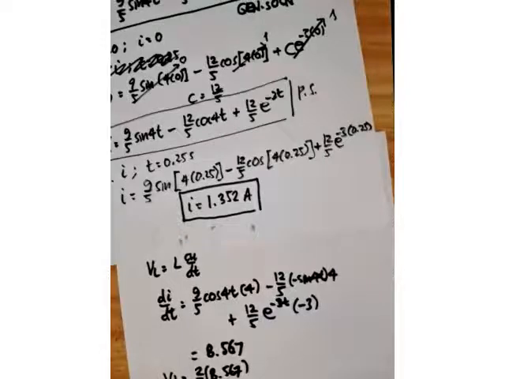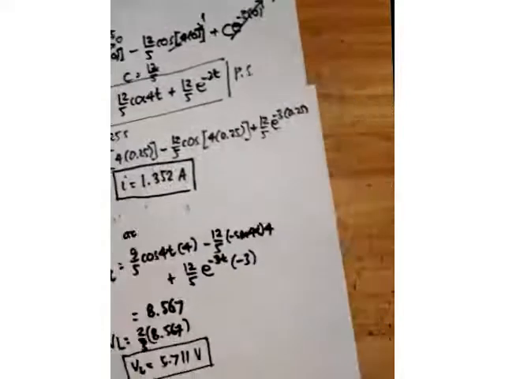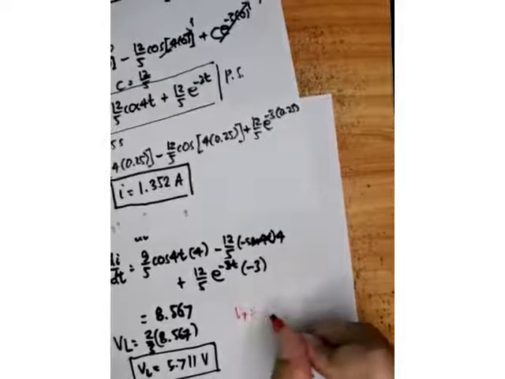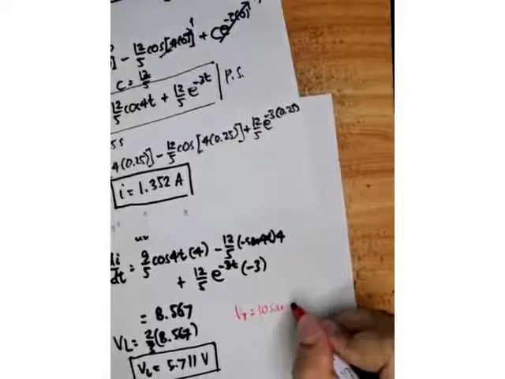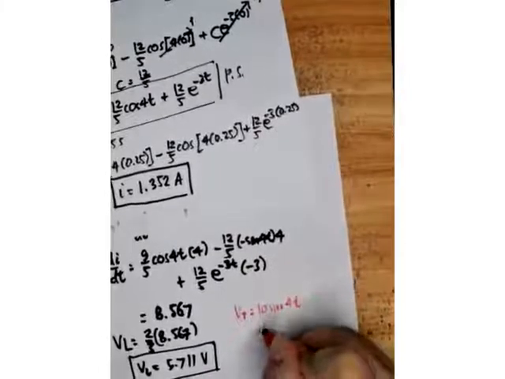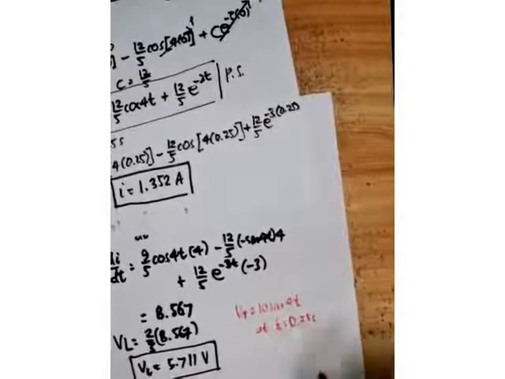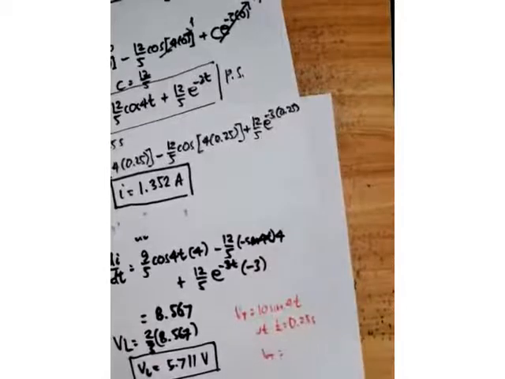Ayan. So if you want to, okay class, check ko lang. Okay, so ang voltage natin total ay equal siya sa 10 sine 4t. So at t is equal to 0.25 seconds, so what's V total?